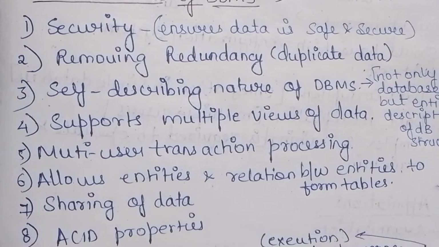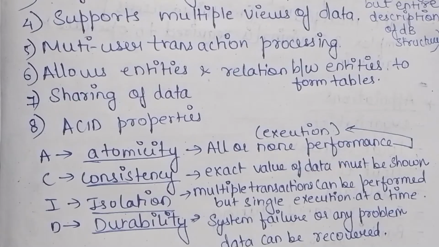The third characteristic is the self-describing nature of the DBMS. It means that it does not have only the database but the entire description of the database structure. The fourth characteristic of DBMS is it supports the multiple views of the data.